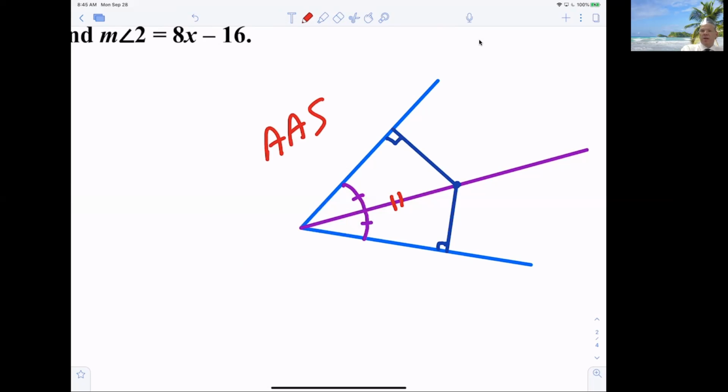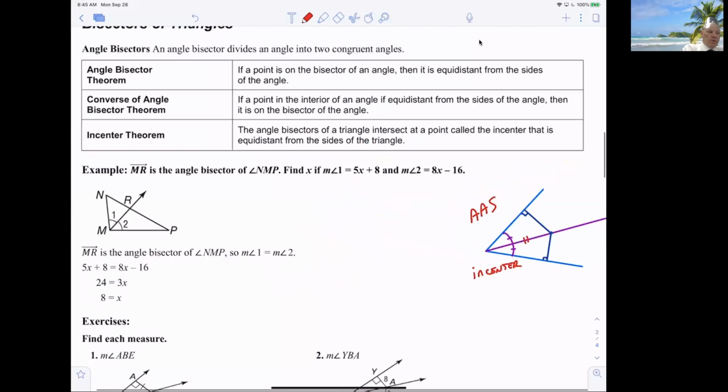So what is that saying? Any point that is on the angle bisector is equidistant to the sides. Everybody agree with that now? All right. And believe it or not, that is called the incenter. That's called the incenter. All right, which is what they're going to show you right down here.